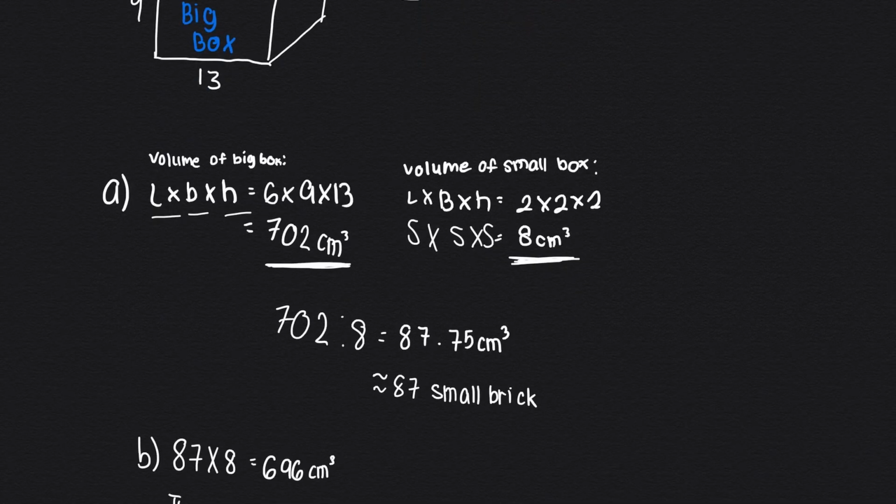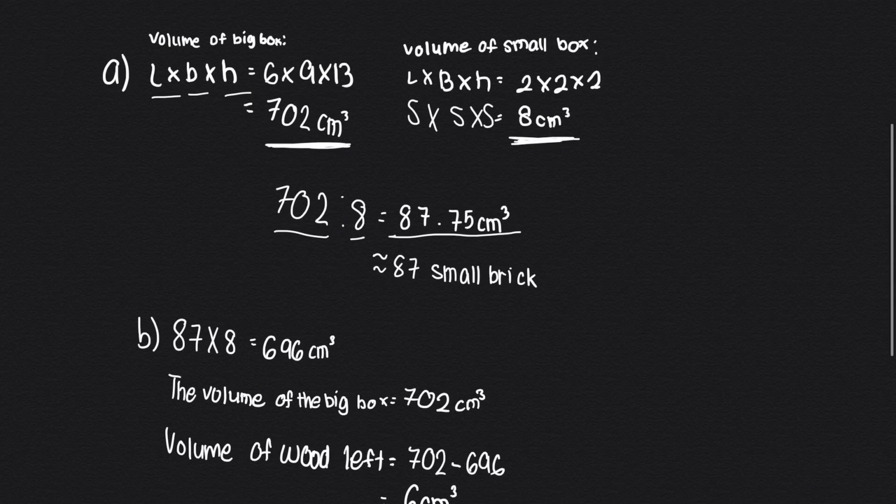Now we divide those two numbers to get the answer for question A. We put 702 divided by 8, which gives us 87.75. But because we need a whole number, we round down to 87 small bricks.